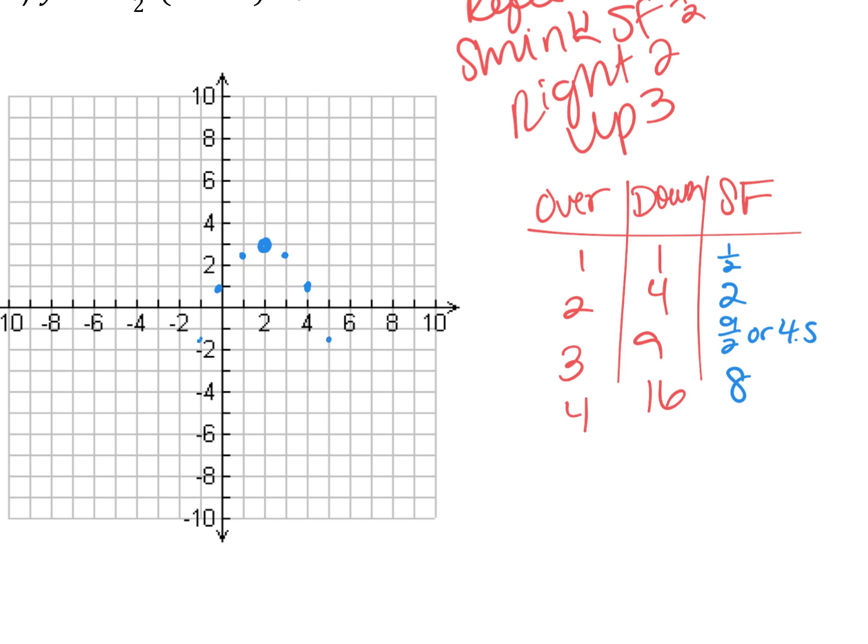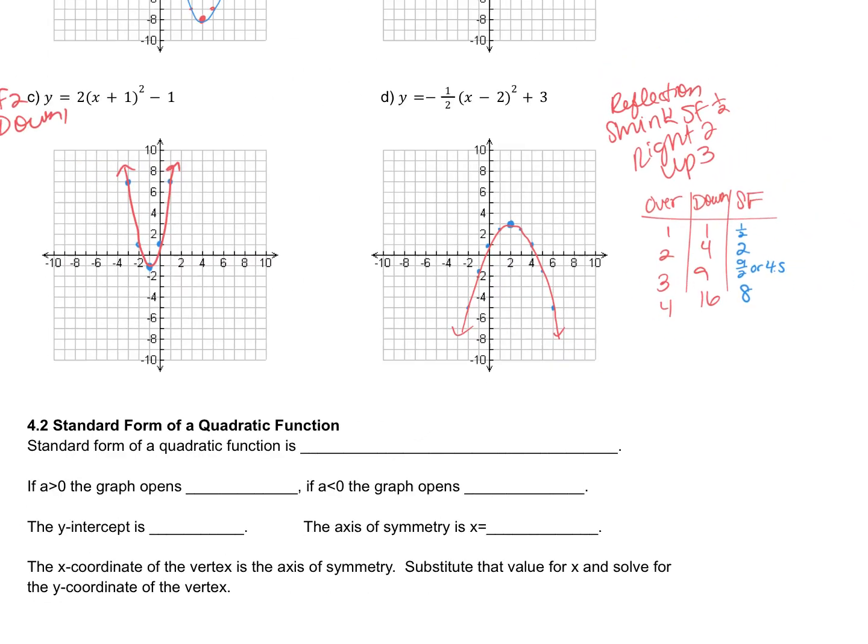We're getting real fancy now. And then you could do over 4, down 8. Might as well. 1, 2, 3, 4. Okay, I think that's in the right spot. All right, connect them. There you go. Okay, that's it for those.